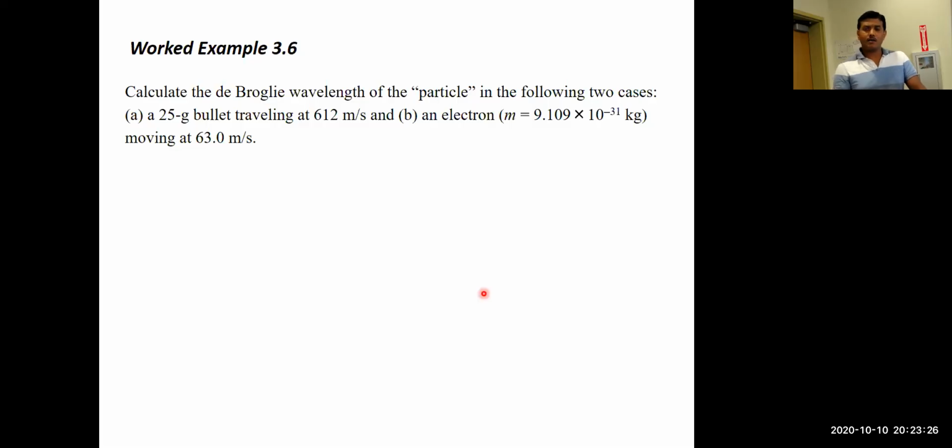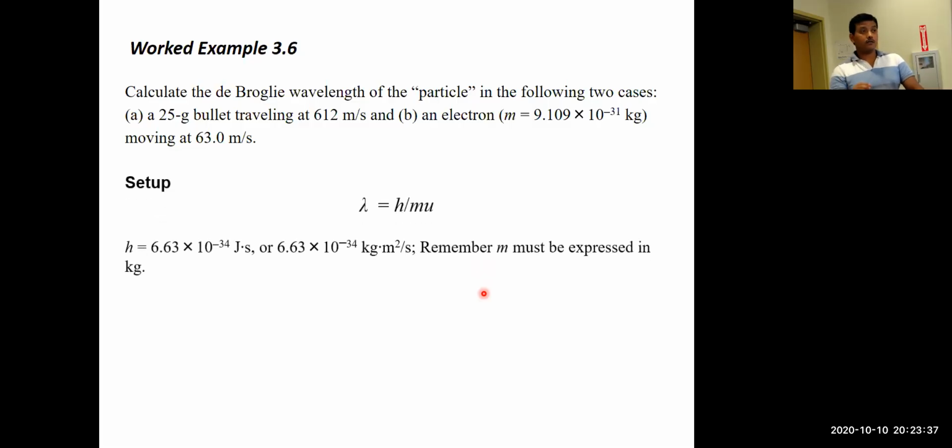The equation is obviously going to be lambda equals h over mu, and whenever you use this equation, you need to make sure that you are making the correct unit conversions. That is very important. h is Planck's constant. The most popular units are joules multiplied by seconds.